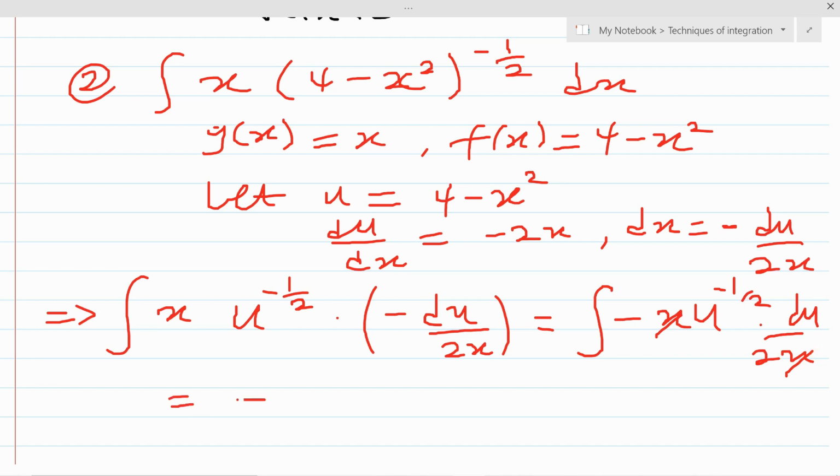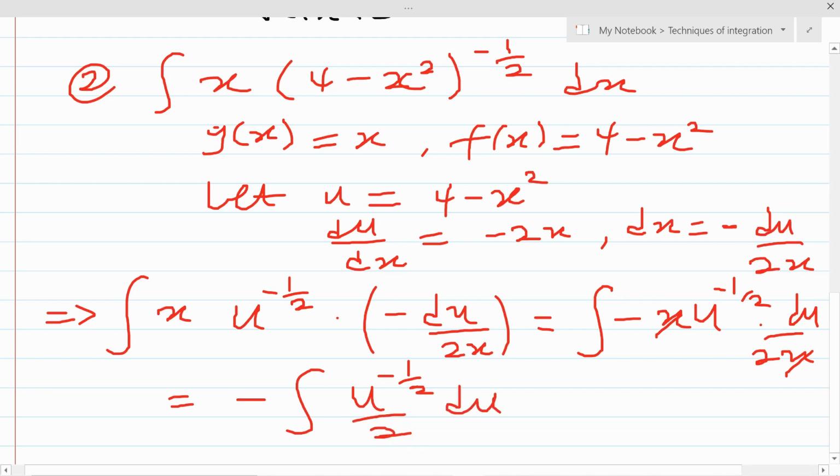And we'll be left with negative. One thing about integration is that if you have a constant, you can push the constant out of the integral sign. So negative 1 will come out, then we get u to the negative half over 2 du. So now everything has been simplified to just u. So negative, I'm pulling the half out.